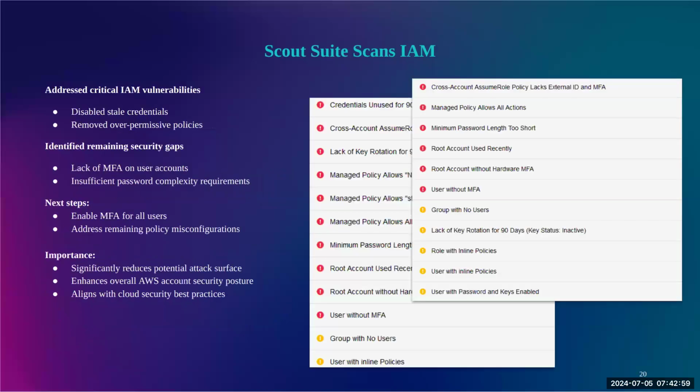Switching into the IAM security scans, there were some issues that we found still, and we removed stale credentials and overly permissive policies by implementing the concept of least privilege. The user accounts lack multi-factor authentication at this time, which is something that we must implement as we move forward. The Scout Suite application also found some false positives, such as insufficient password complexity requirements.